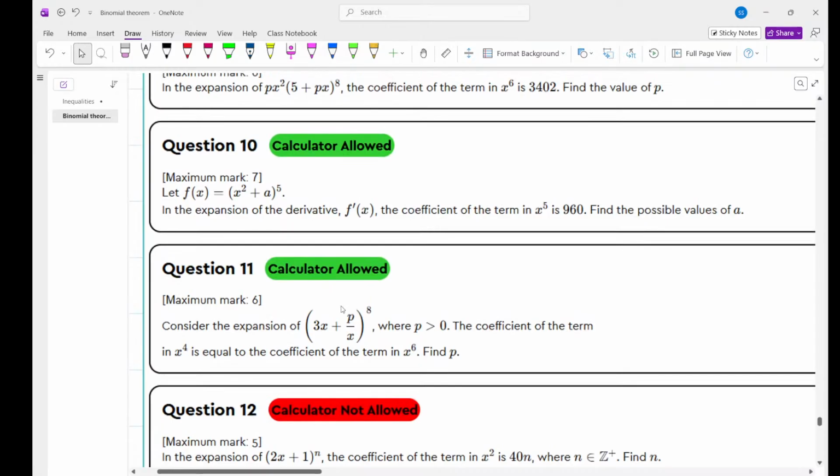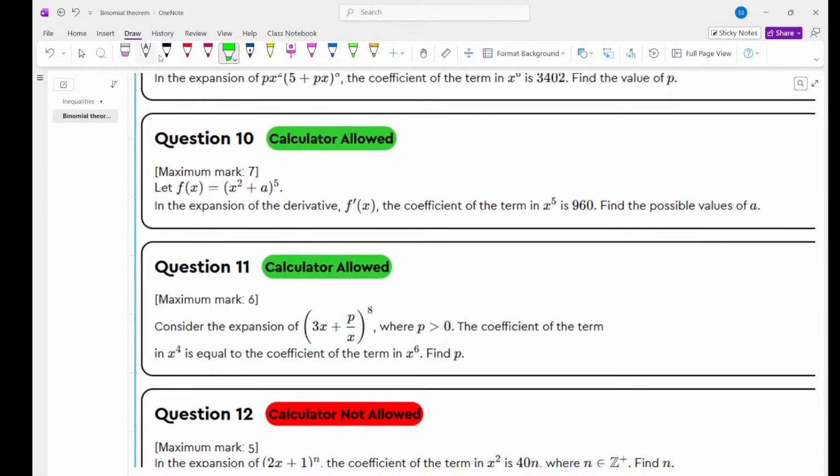So we have the f(x), but the question is saying in the expansion of the derivative, not in the expansion of f(x). Please see carefully. So in the expansion of the derivative, that is the differentiation of f(x), the coefficient of the term in x raised to power 5 is this. Find the possible values of it. Would you like to try?